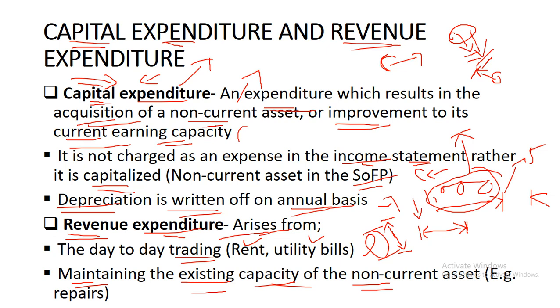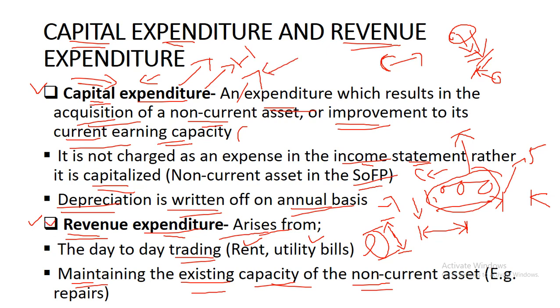So here the most important thing that you need to know is this: capital expenditure and revenue expenditure. Capital expenditure, this is expenditure that is spent on purchasing a non-current asset and also improving the earning capacity of that non-current asset, and this expenditure is capitalized.